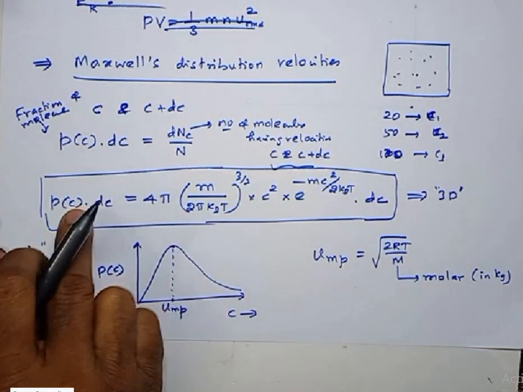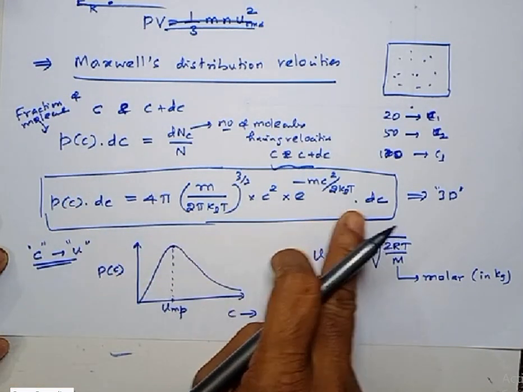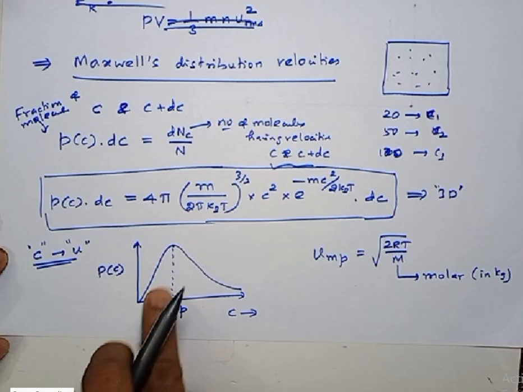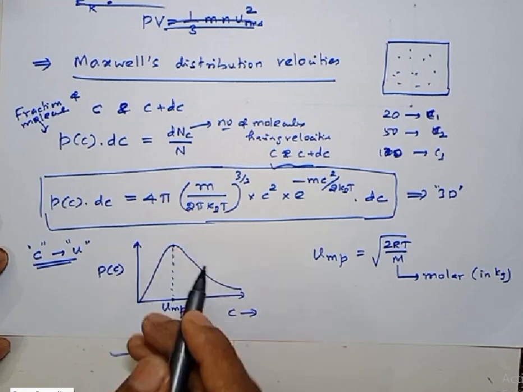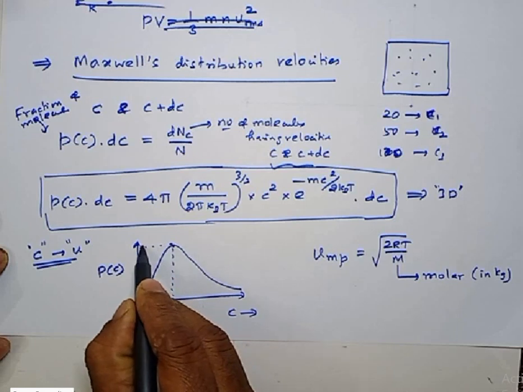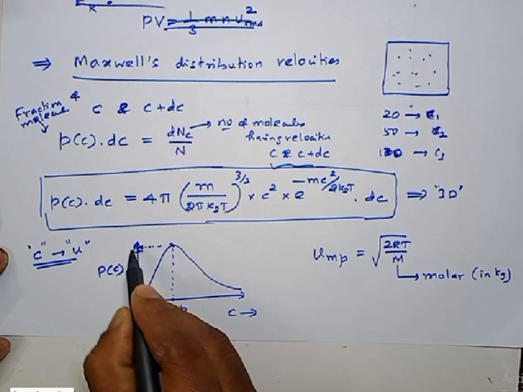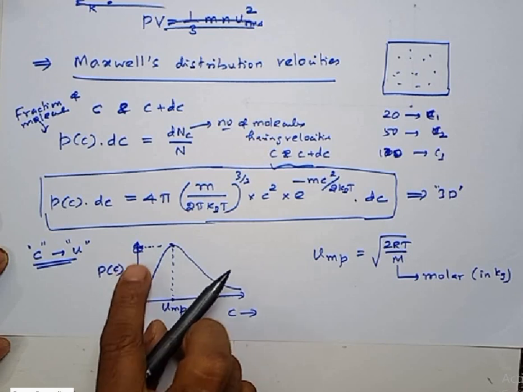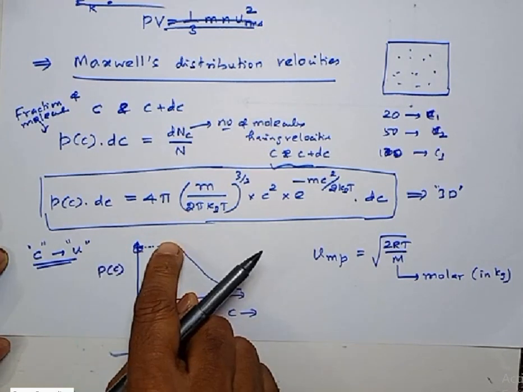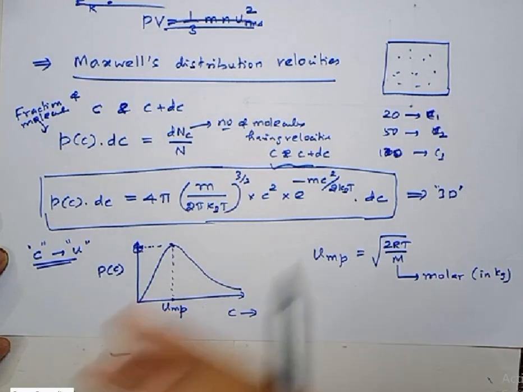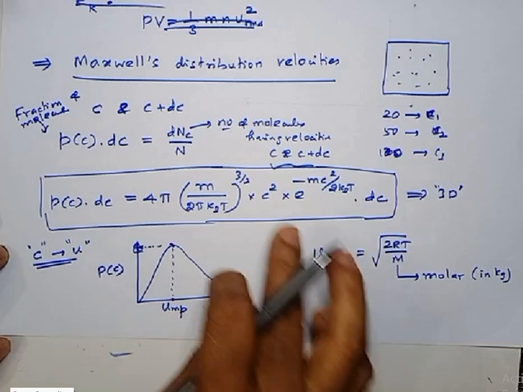If you plot P of c versus c, you will get a curve like this. This is the maximum point, and this population is the maximum fraction of molecules. The maximum fraction of molecules have some velocity that is called the most probable velocity, and we can derive it from this equation.